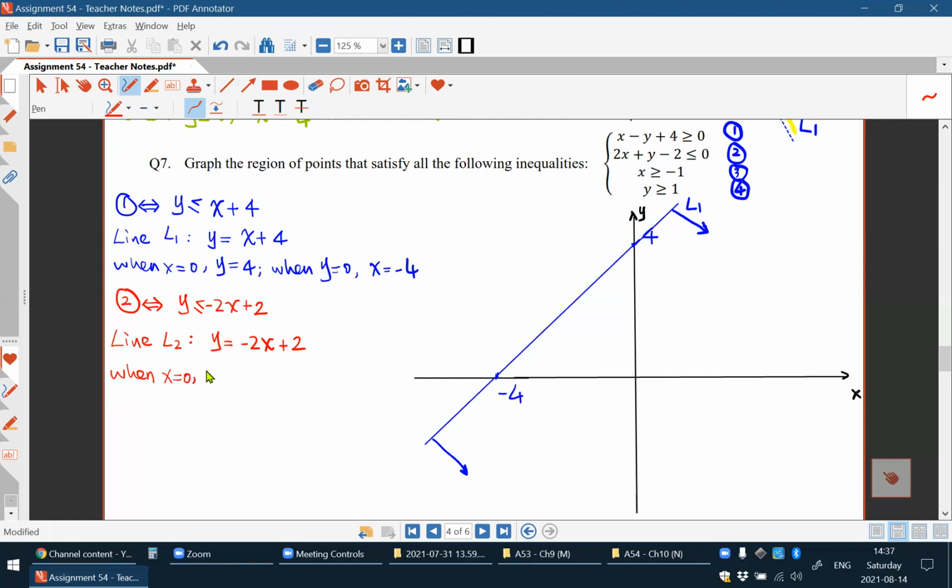When x is 0, y is 2. And when y is 0, x is 1, right? So it passes through two points. One point is (0, 2), about here. And the second point is (1, 0), here.